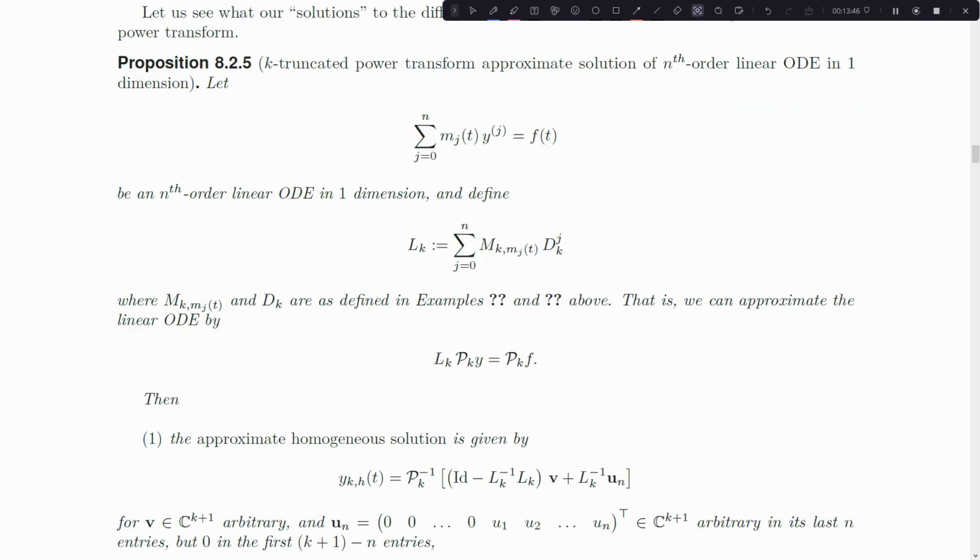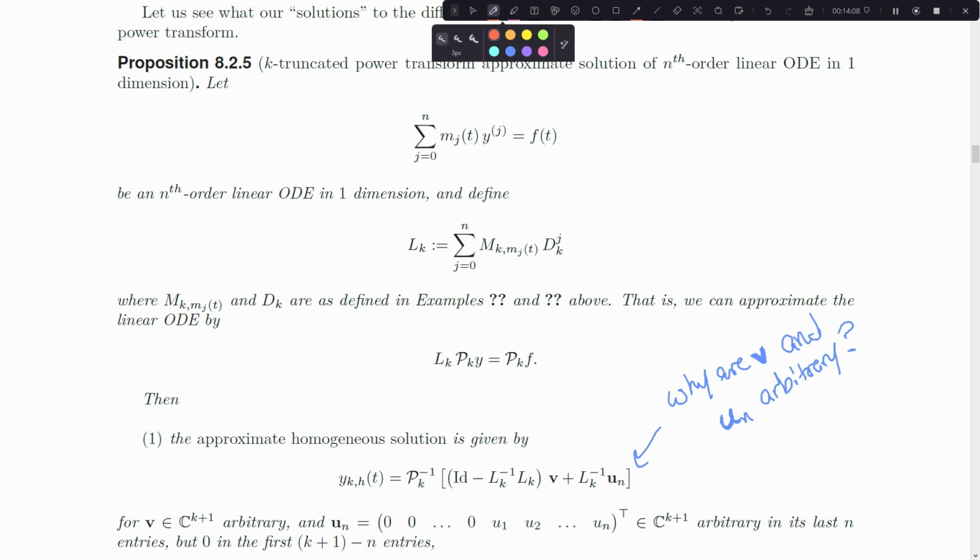And why am I acting this on an arbitrary v as a vector, make sure it's boldface, and u n as an arbitrary vector? It's because the homogeneous solution, y sub h, needs arbitrary parameters in it.